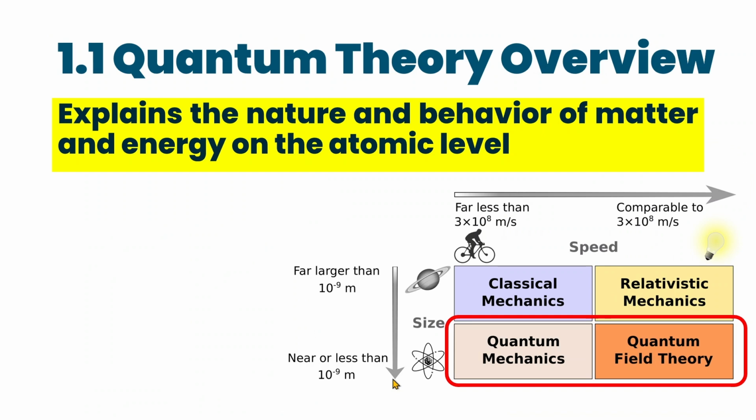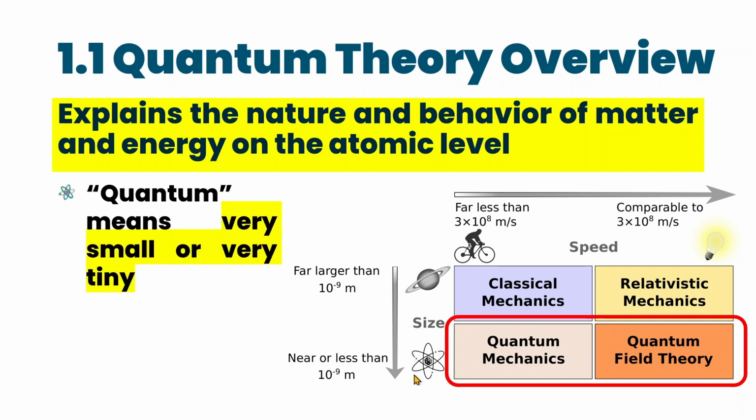All right, let's talk about quantum theory. Basically, quantum theory helps us understand how matter and energy behave at the atomic and subatomic levels. That means really, really small things like electrons and protons. Quantum is a word that means very small or very tiny. So that gives you an idea of the scale we're talking about here.